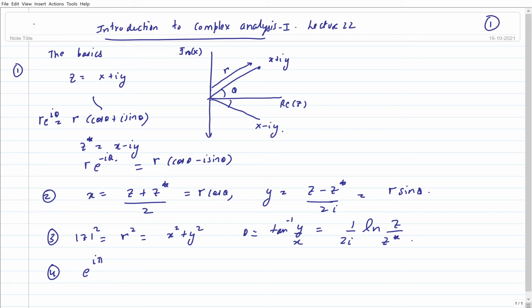e to the power iota pi by 2 is equal to iota, and on the imaginary axis this is a point on the imaginary axis.